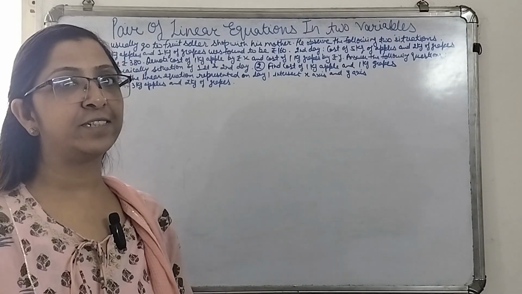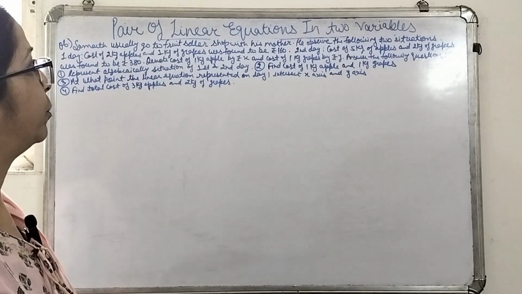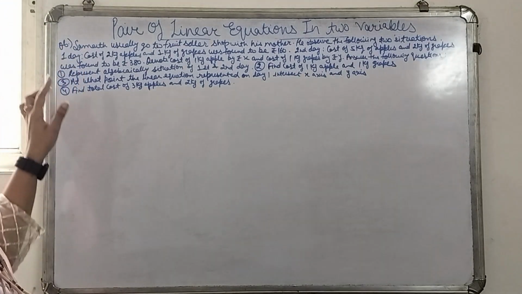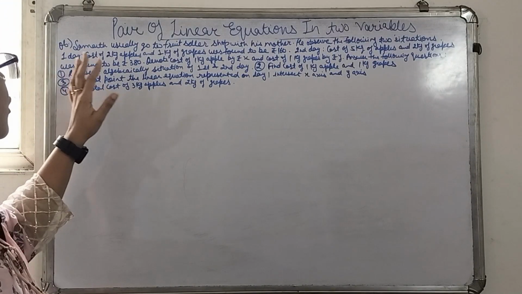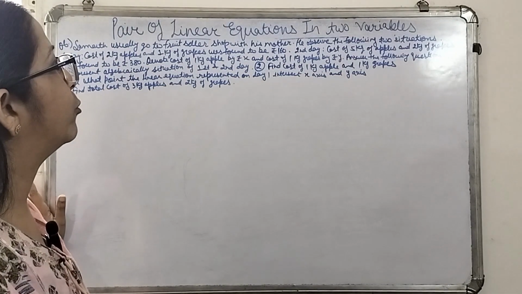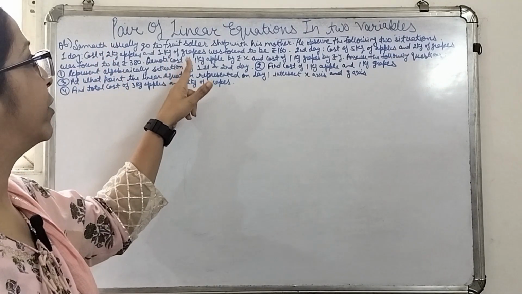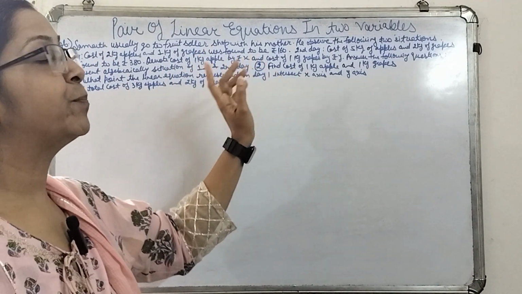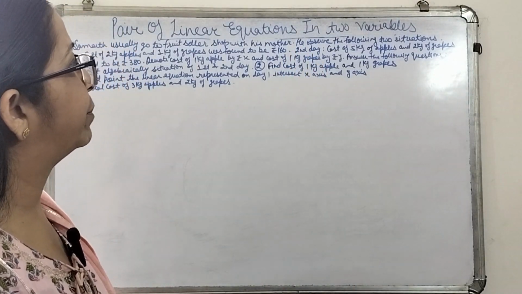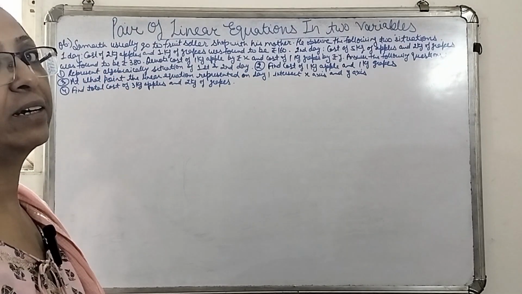Let's see one case study. Samarth usually goes to the fruit seller's shop with his mother. He observed the following two situations. On the first day, the cost of 2 kg apples and 1 kg of grapes was found to be rupees 160. On the second day, the cost of 5 kg of apples and 2 kg of grapes was found to be rupees 380.